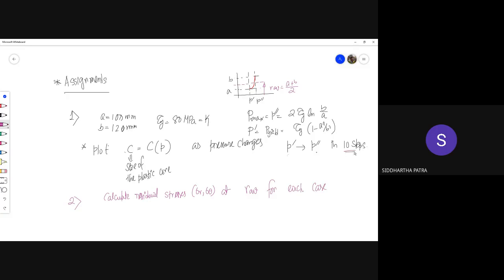There will be 10 steps, so for each step you need to calculate the residual stresses sigma R and sigma theta. And maybe you can even plot them.